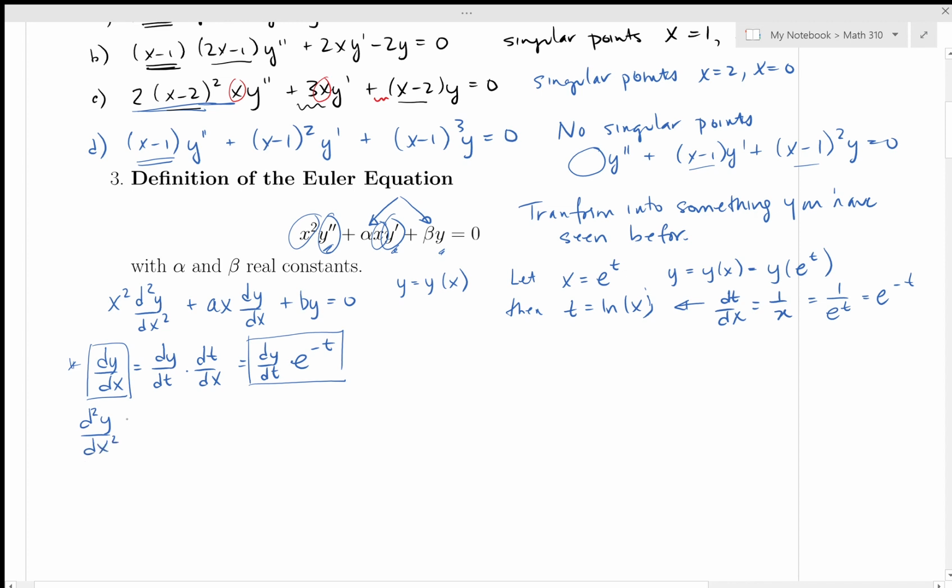That is the derivative with respect to x of dy by dx. And using the chain rule, just like I did right here, that's the derivative with respect to t of dy by dx multiplied by dt by dx. That is the chain rule.